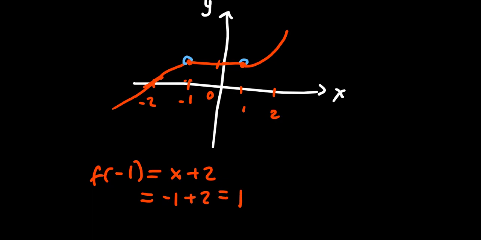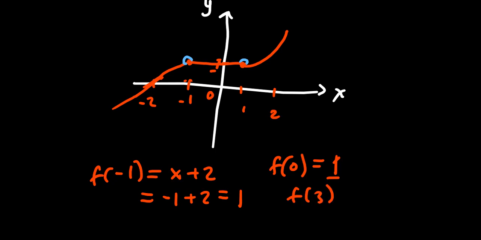Then for b, we have f of 0. So f of 0 is in between the -1 and 1. And here, as we've sketched, when we have those values in between, it's going to give us y equal to 1. So this is just y equal to 1. Then we have the other one, which is f of 3. So which one defines 3?